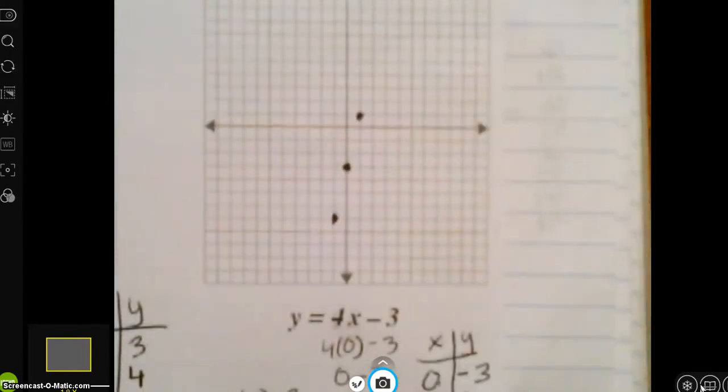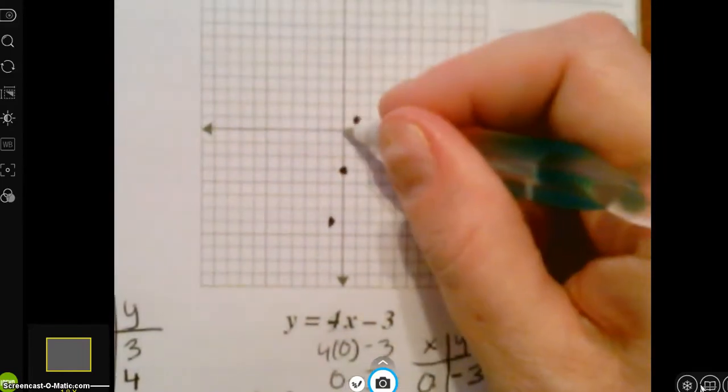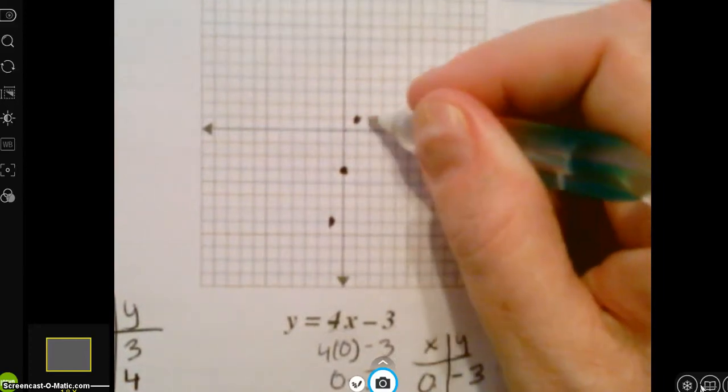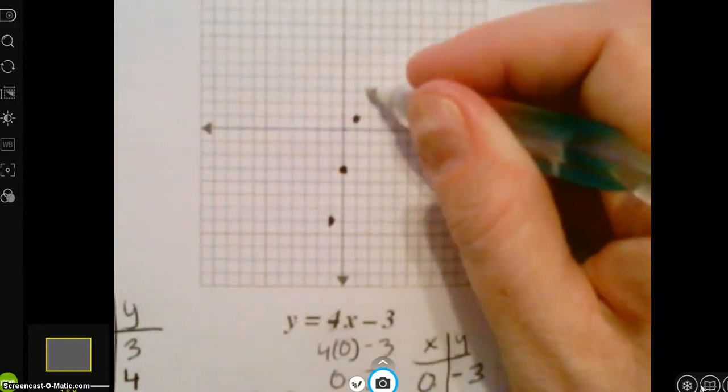And my last point is 2, 5. Start at 0, 2 means 2 to the right, then up 1, 2, 3, 4, 5.